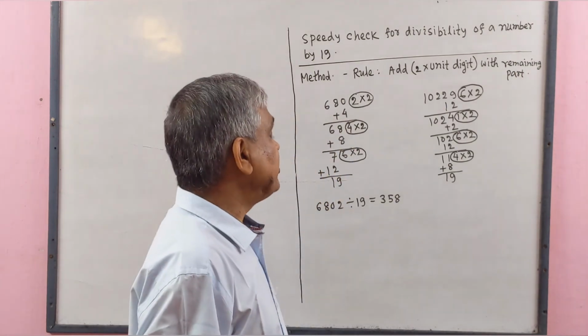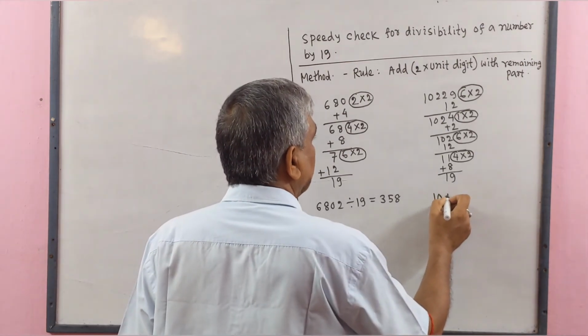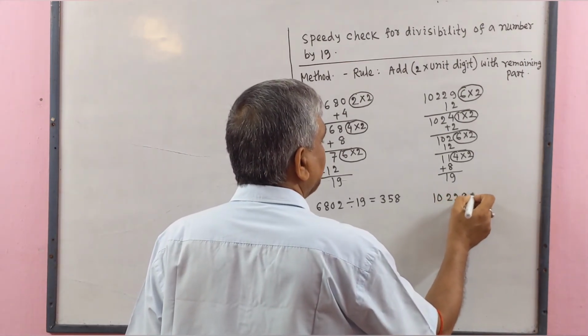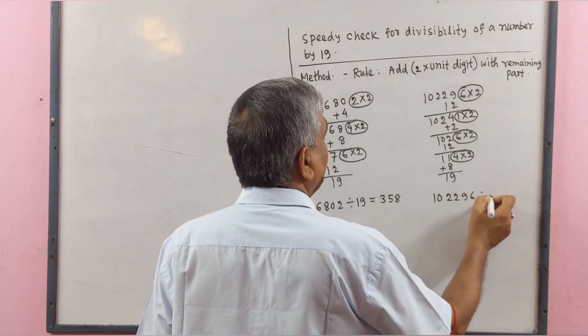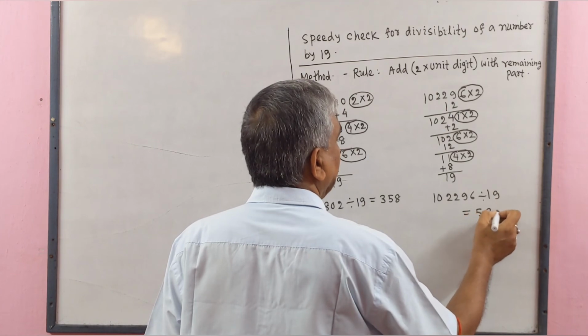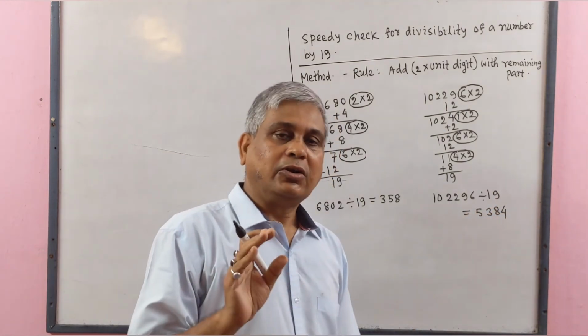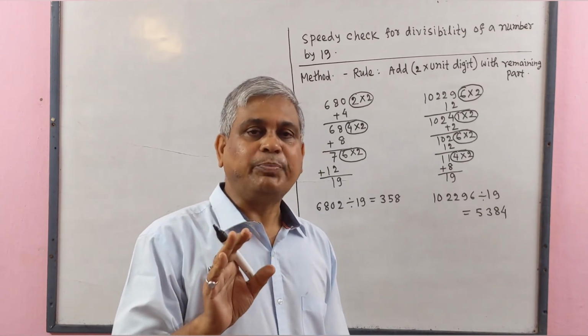So we may check this, that 102296 divided by 19 is equal to 5384. So our check is complete.